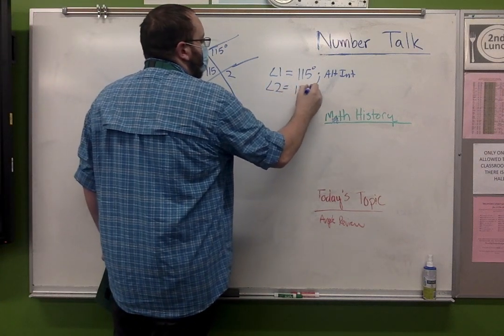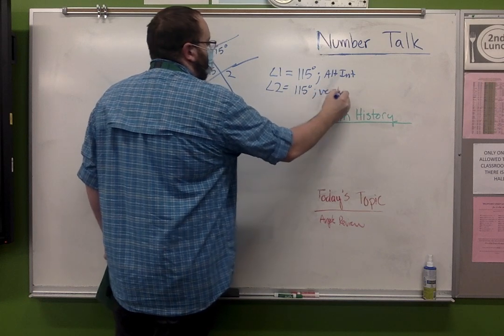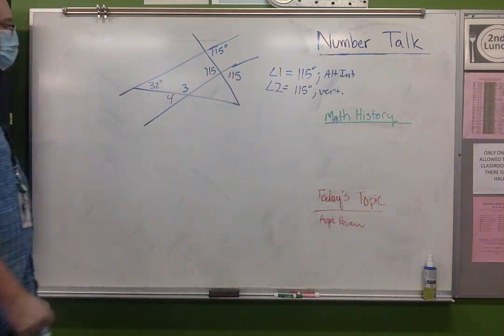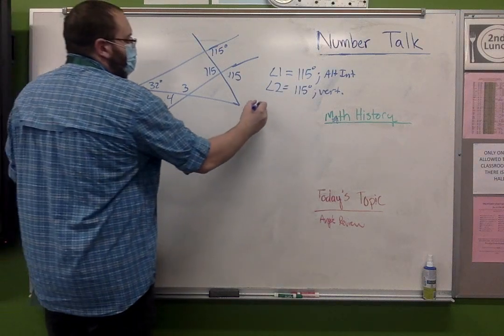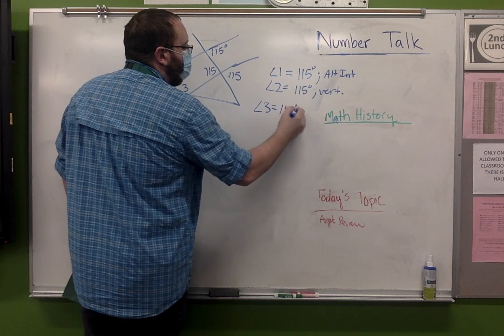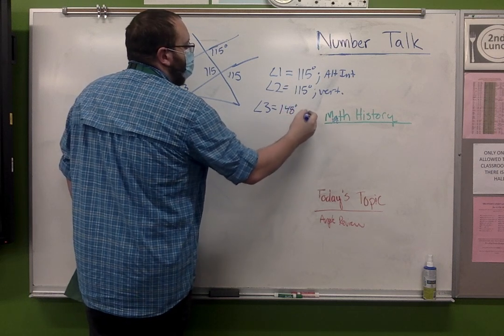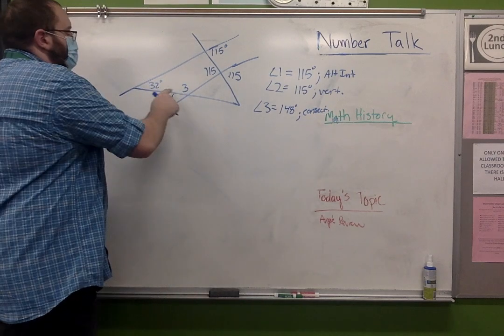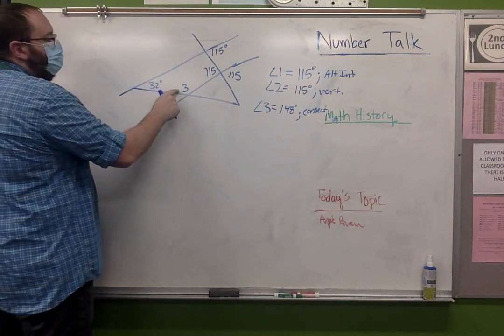Angle 2 is 115 degrees because of vertical angles. Angle 3 is 148 degrees because of consecutive angles. This angle plus this angle has to be 180.